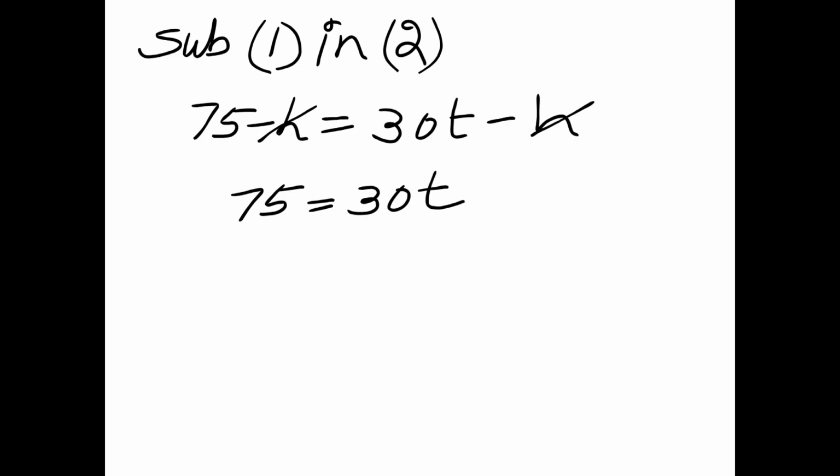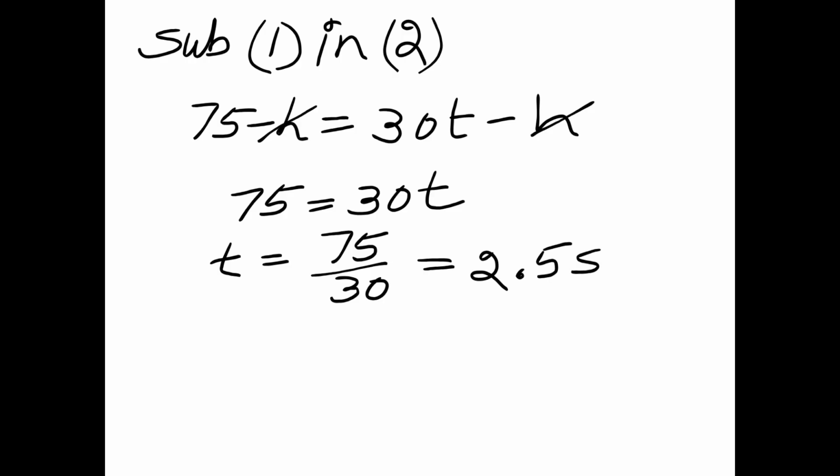From this I can get the value of t. What is t? t is time, the time at which they are meeting. So t equal to 75 divided by 30, which is 2.5 seconds.